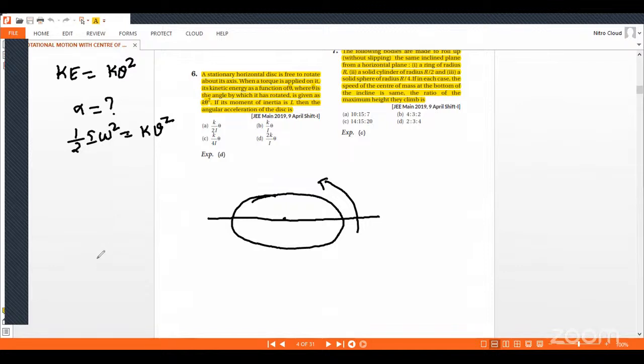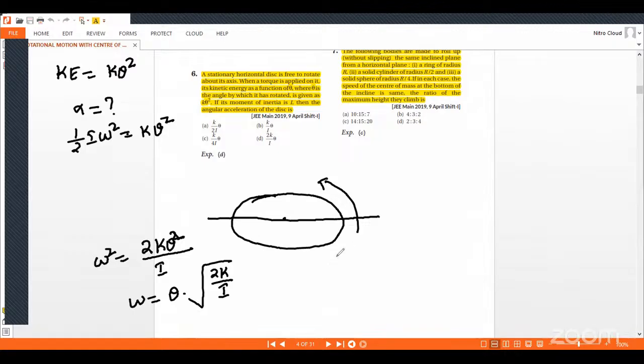So omega square equal to 2k theta square by I. Omega equal to theta times under root 2k by I. Can I say? I need to find alpha.